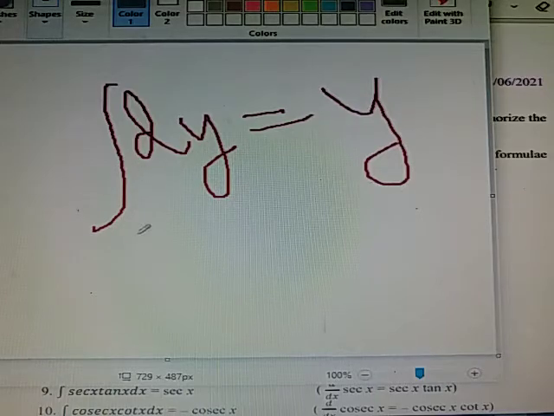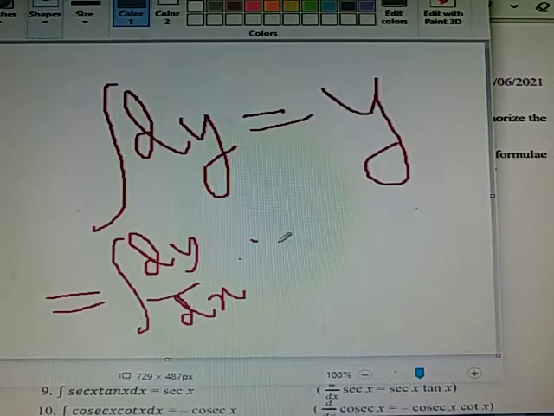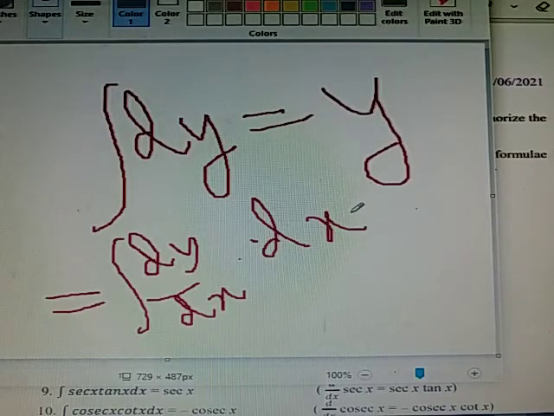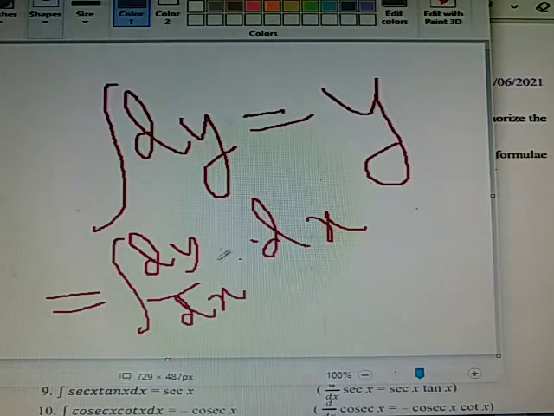And why do we say reverse process? If dy is the derivative, you can write integration of dy dx into dx. Once you know the differential coefficient of y, and then you integrate dy dx into dx, you are integrating the derivative, and ultimately you will get y.